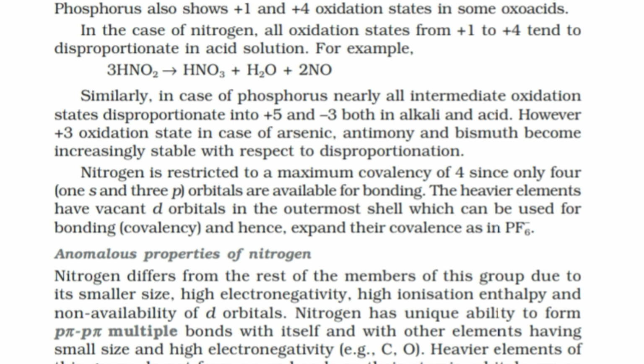Nitrogen is restricted to a maximum covalency of 4 since only four orbitals, one 2s and three 2p, are available for bonding. The heavier elements have vacant d orbitals in the outermost shell which can be used for bonding and hence expand their covalence, as in PF6-.